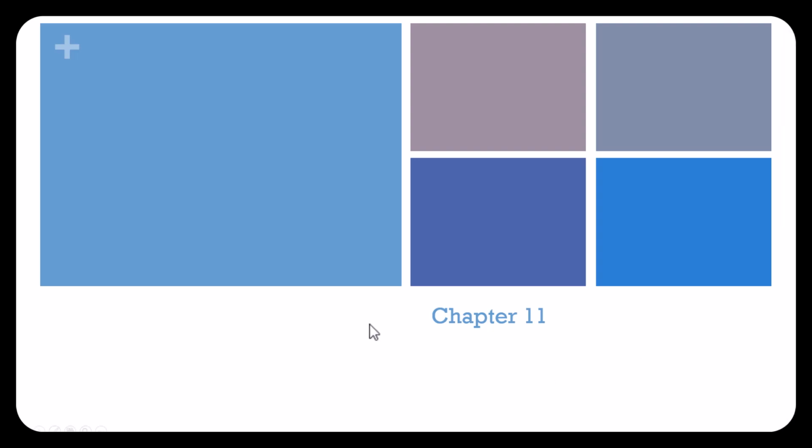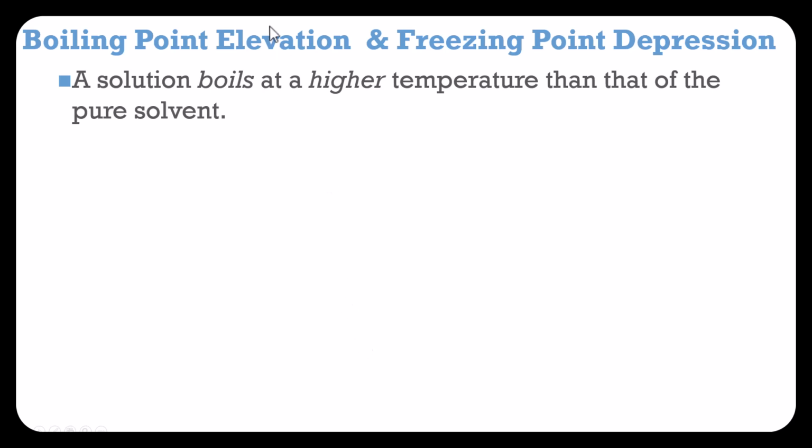So in the last video, we talked about this idea of vapor pressure lowering. Now what we're going to talk about here is boiling point elevation and freezing point depression. As I said before, we kind of give away the answer in the name of it. When we're talking about the boiling point of a solution, remember we have a pure substance, water, just H2O, nothing in there.